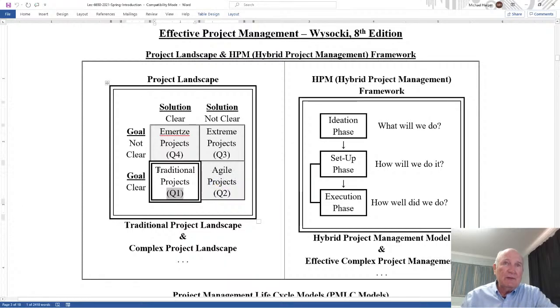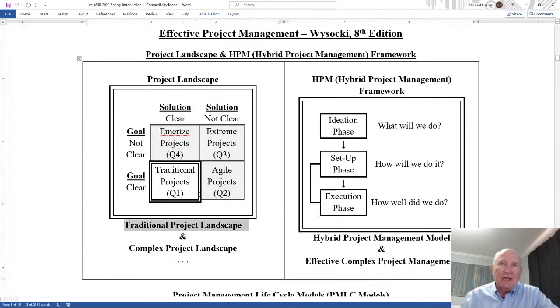Quadrant 1 is the traditional projects, and basically that is very similar to the PMBOK. But then he extends that to a complex framework, and that's quadrant 2, which is agile. Quadrant 3 is extreme, and quadrant 4 is something he calls emergency. And we'll talk about this in the latter part of the course.